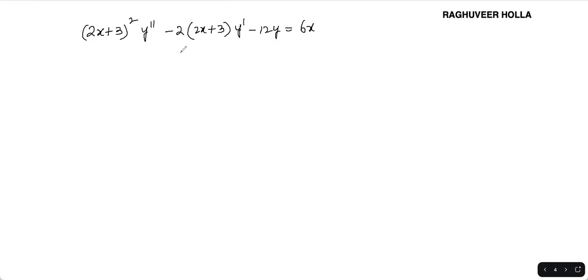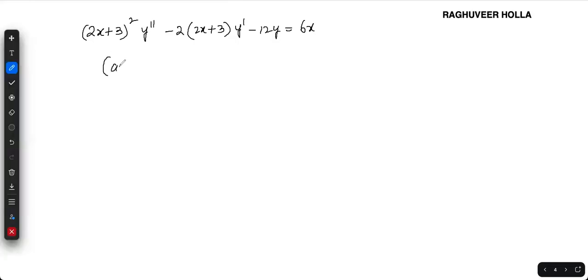The general form of this is (ax+b)^n d^n y/dx^n plus k1 (ax+b)^(n-1) d^(n-1) y/dx^(n-1) and so on, plus kn y, is equal to X.